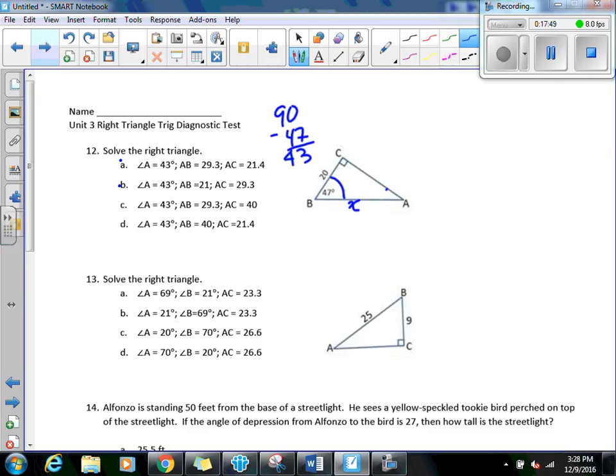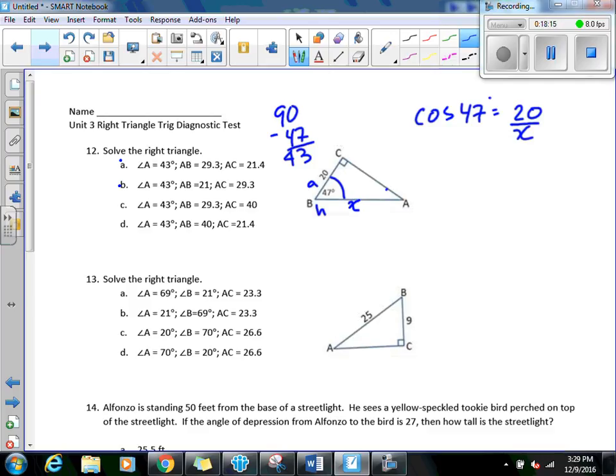Let's find our hypotenuse first. So this would be adjacent and hypotenuse, which would be the cosine function. So the cosine of 47 degrees equals the length of the adjacent side, which is 20, over the length of the hypotenuse, which is x. I'm moving fast because there are a lot of problems. I'm trying to get this done quickly, so you can always pause and replay something if you need to.